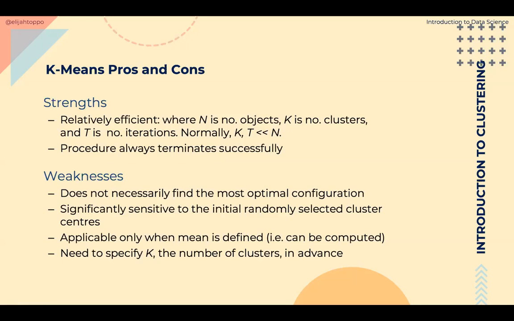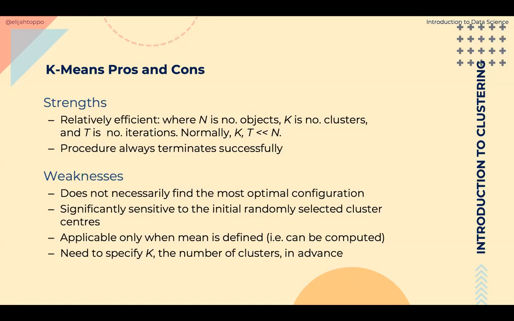What are the few weaknesses then? Okay. A few weaknesses are, it does not necessarily find the most optimal configuration. Right? In fact, we saw that with multiple runs and starting with different random points, our data can be clustered in a different way every time. So that basically says that if you run the algorithm multiple times, you may not end up with the same clusters.